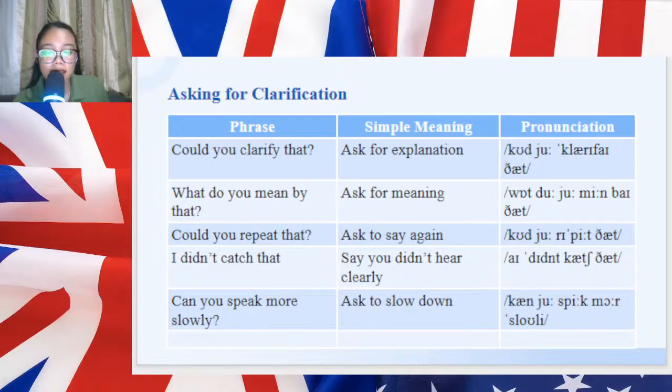This is asking for explanation. This is a polite and direct request for the speaker to provide a clear explanation or more details about a specific point they have made. So this phrase is concise and professional. It directly asks for clarification without implying blame or misunderstanding on your part.